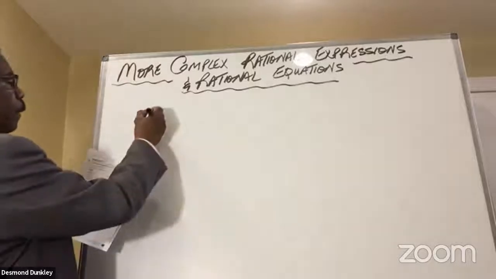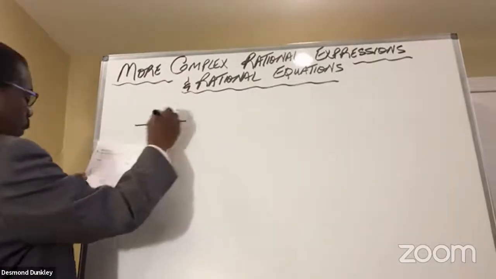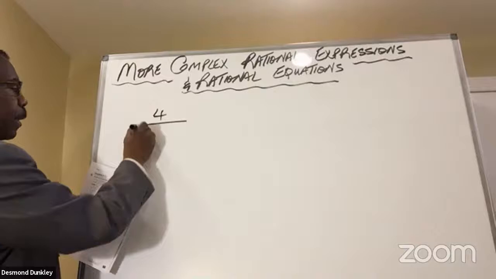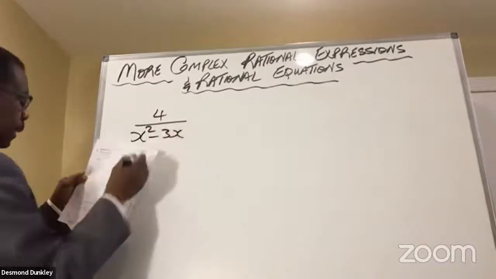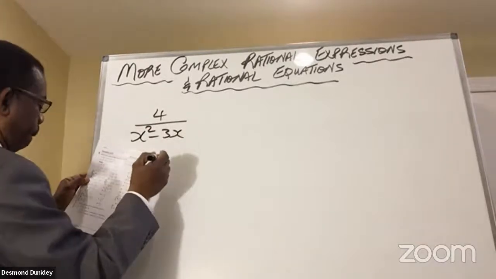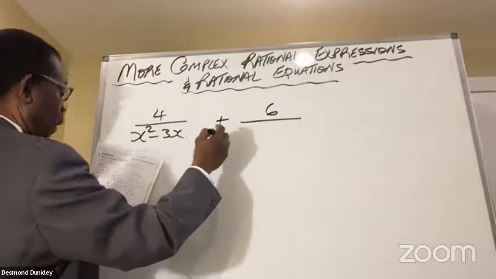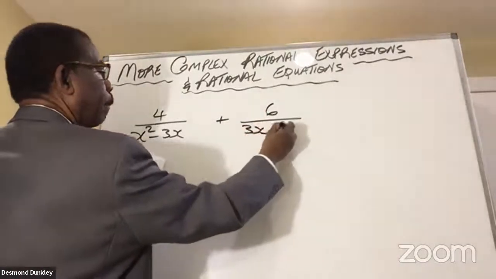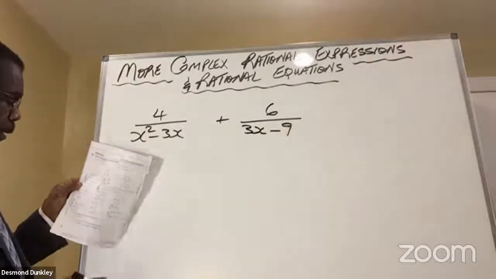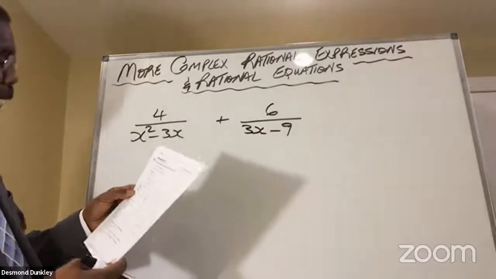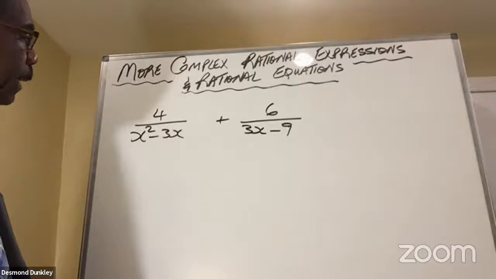Let's see. 4 over x squared minus 3x plus 6 over 3x minus 9. Okay, 4 over x squared minus 3x plus 6 over 3x minus 9.